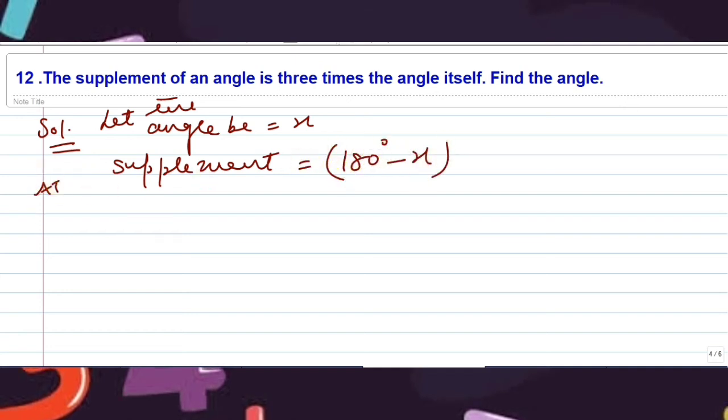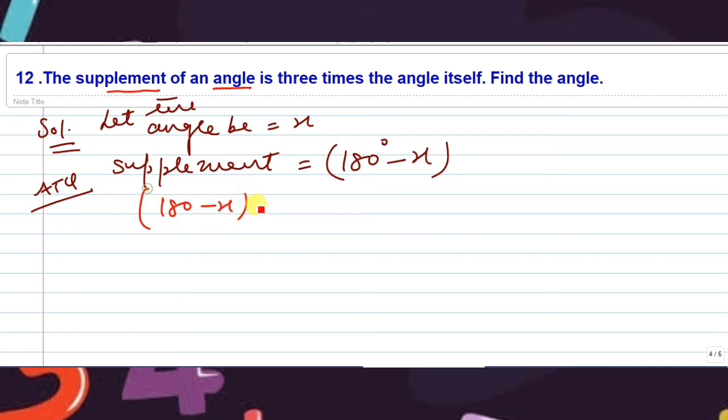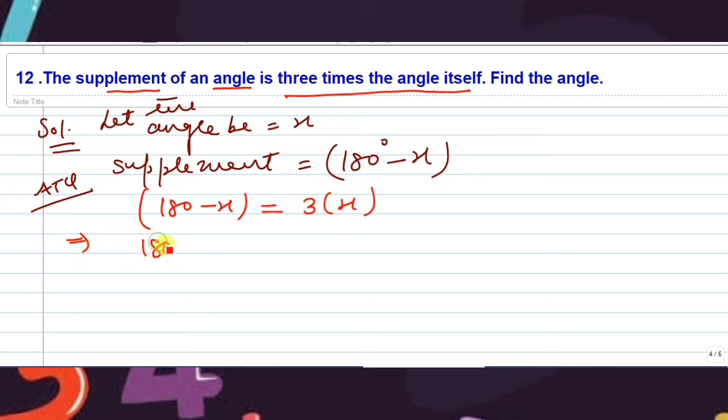Now what does the question say? According to the question, supplement of an angle is 180 minus x, that equals 3 times the angle itself, and the angle was x. So 3 times of it. Now solve it. 180 minus x gives 3x.